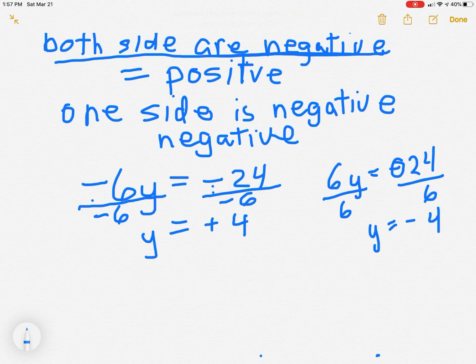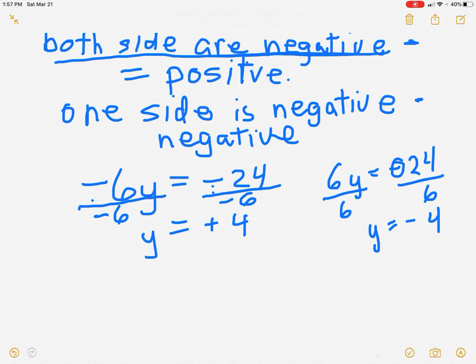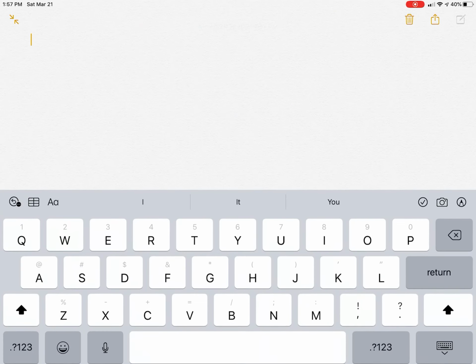Okay, so whenever you have multiplication and division, these are the rules. Both sides negative, you're going to have a positive. One side is negative, you're going to have a negative answer. So keep that in mind. Let's get a new page.